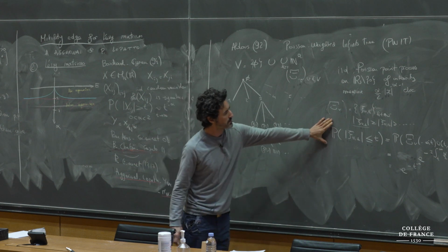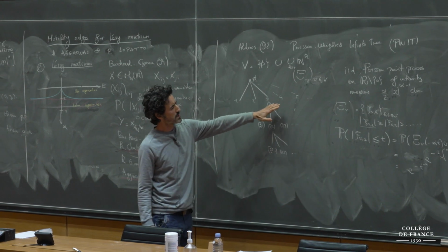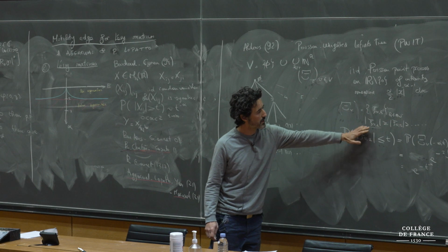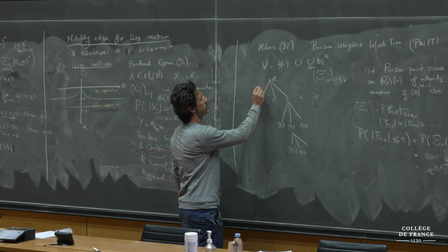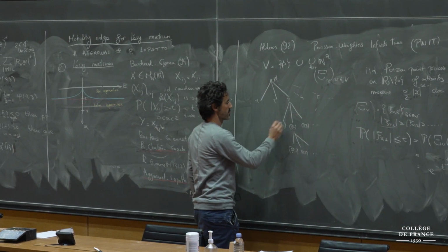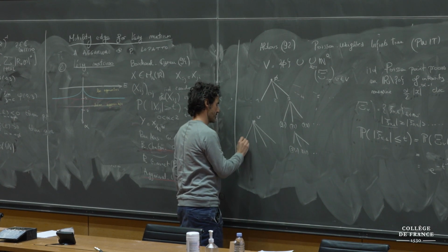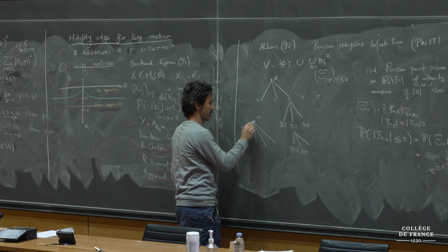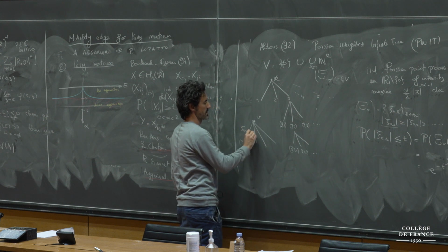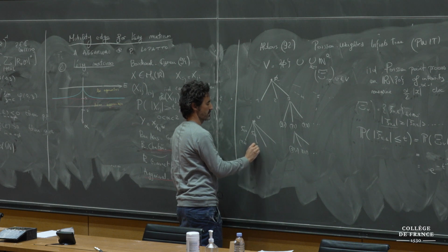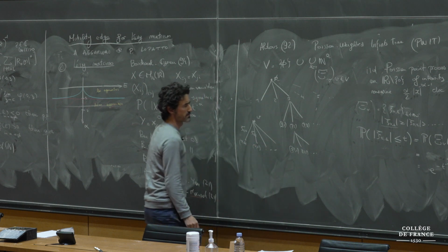And so I come back to my point process. It has an extremal point, psi v1. What I will do is put a weight: if here it's v, it has its neighbors. I will put weight psi v1 between v and v1, psi v2 between v and v2, and so on.